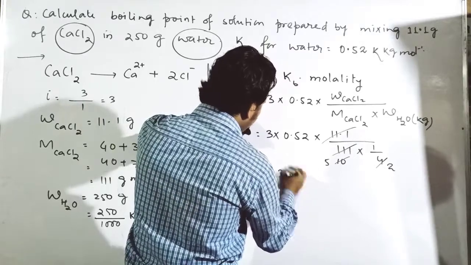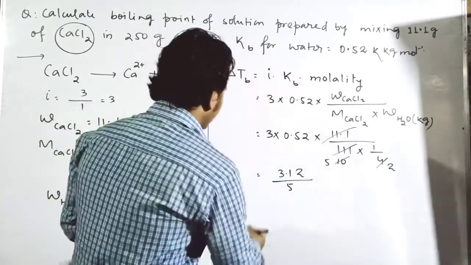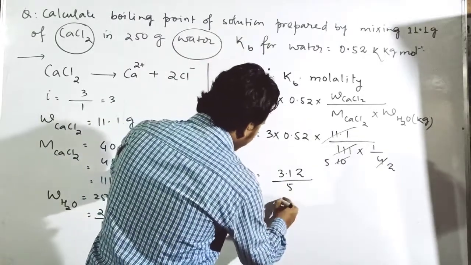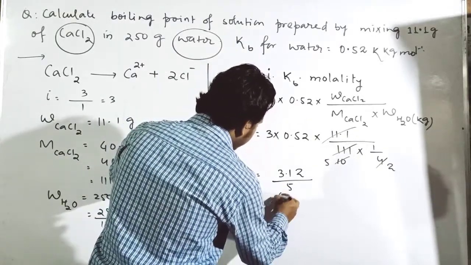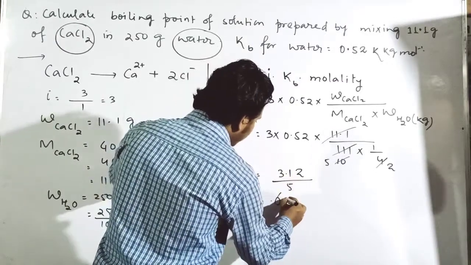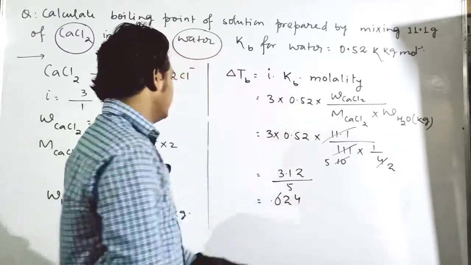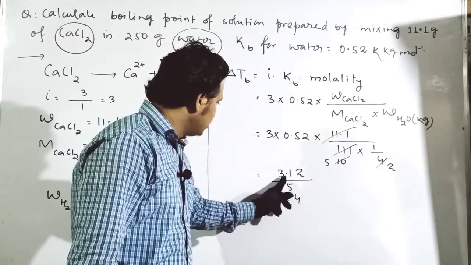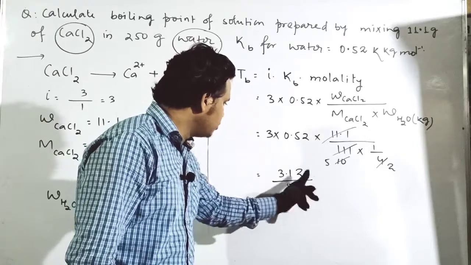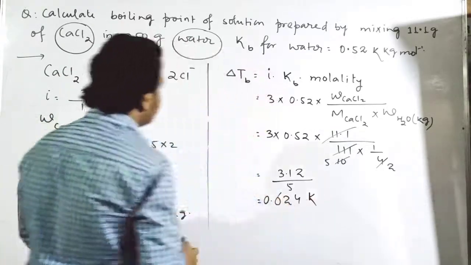So 3.12 divided by 5. Now simplify it: 5 6s are 30, 1 2 5 2s are 10, 2 0, 5 4s are 20. So this much Kelvin is the del Tb.